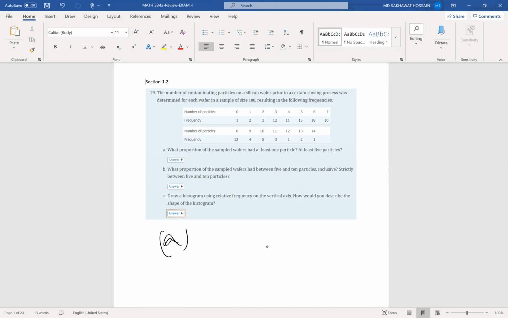At least one means it cannot have zero particles. So if you subtract the frequency for zero particles, which is 1, it will be 100 minus 1, so 99 divided by 100. So the proportion will be 0.99.